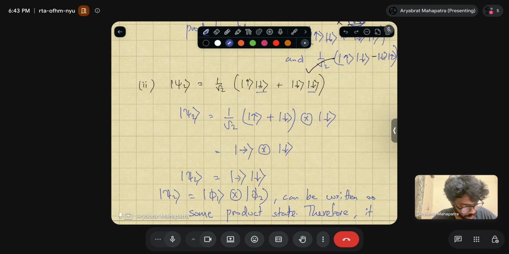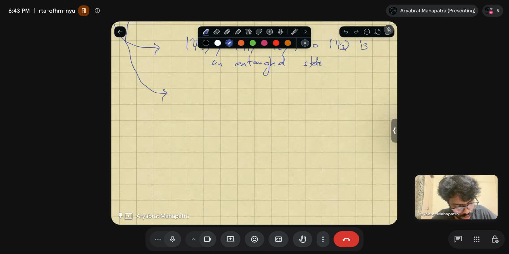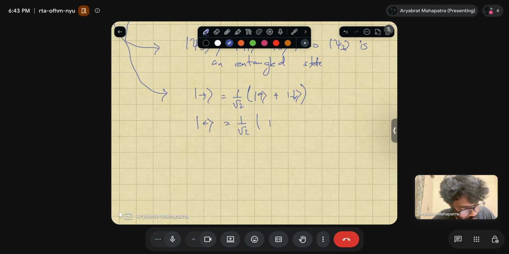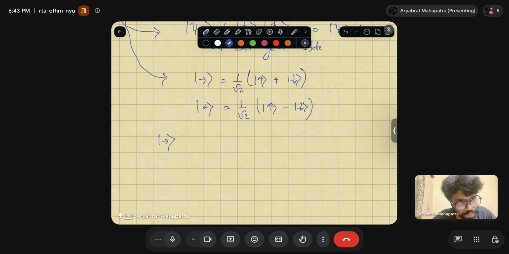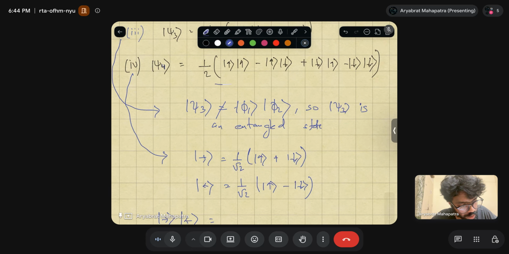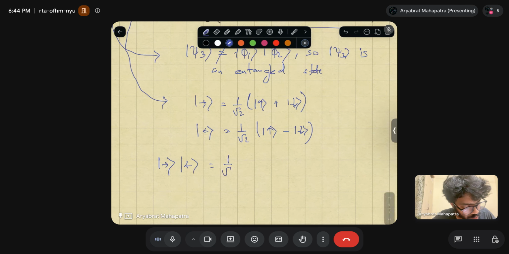If we take this as 1 over square root 2, up state plus the down state, and take the similar linear combination with a negative sign, then you take the tensor product of these two, and if you expand it, you will get the exact expression given here. So you get 1 over square root 2, the whole thing, this and this, plus this, or it would be minus.